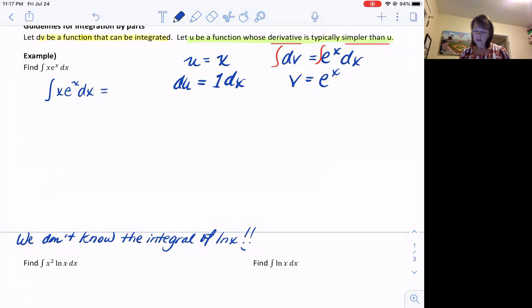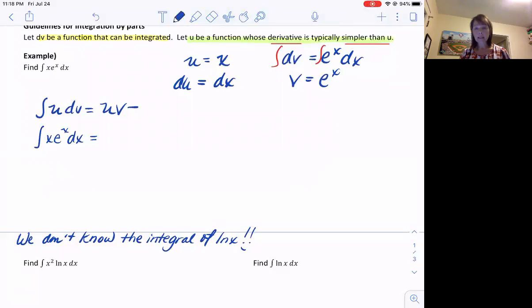So now I have my u and my v. I have the integral, and let me move this down just a little bit, because I'm going to put the rule in too, because we're going to follow this rule strictly. So the integral of u dv is equal to uv minus the integral of v du.